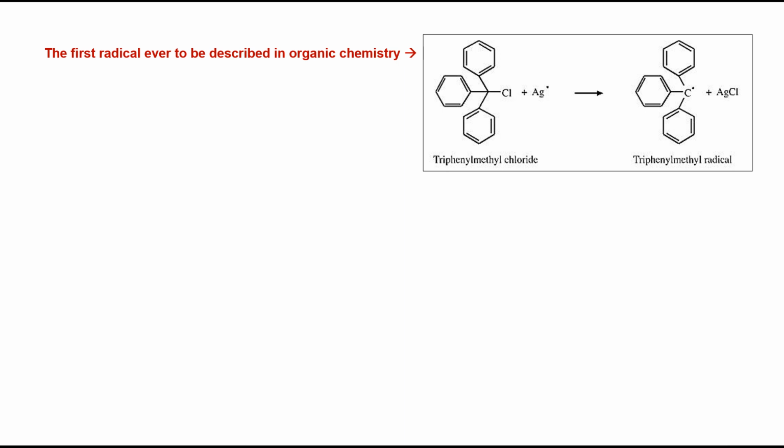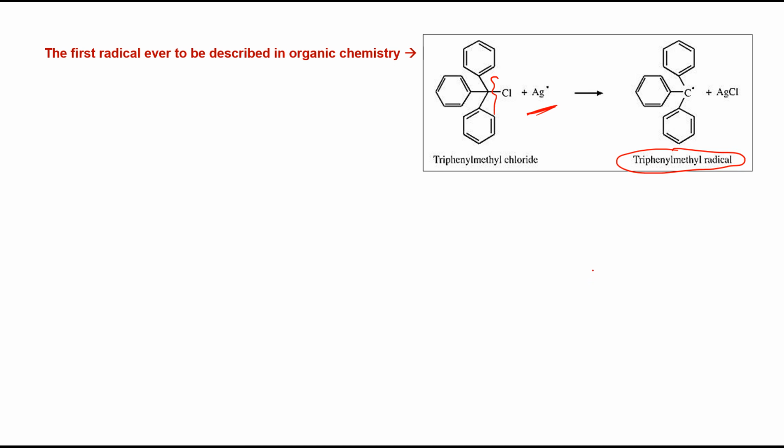Now some historic information. The first radical ever to be described in organic chemistry is triphenyl methyl radical. It is also known as trityl radical. So here we are synthesizing it from this Ph3CCl, triphenyl methyl chloride, and with the help of this reagent, as you can see here, this carbon chlorine bond is broken and chlorine is shifted to Ag, and we are getting this triphenyl methyl radical.